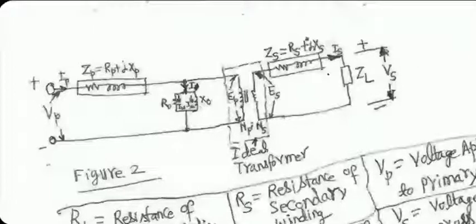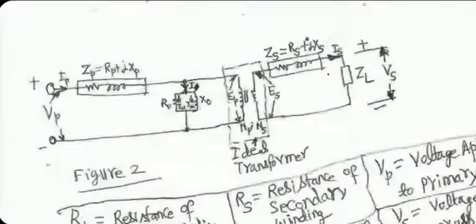This reactance obviously will be 2 pi F multiplied by LP, where LP is the inductance of the primary winding. On the secondary side, a similar thing: secondary resistance in series with a secondary inductive reactance, which is XS equal to 2 pi F LS, where LS is the inductance of the secondary winding.